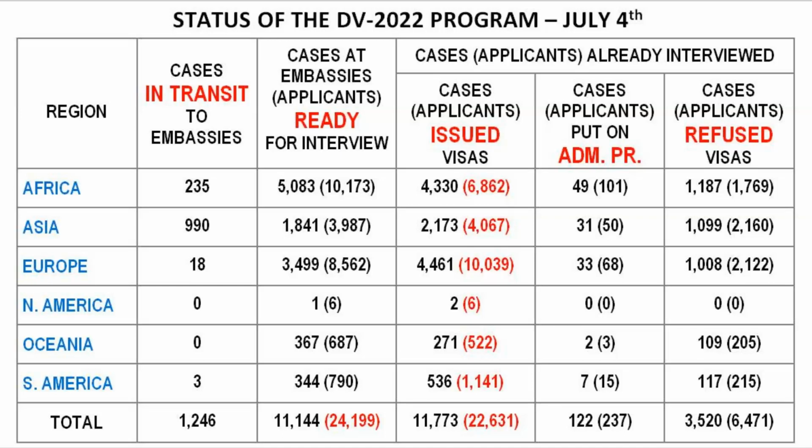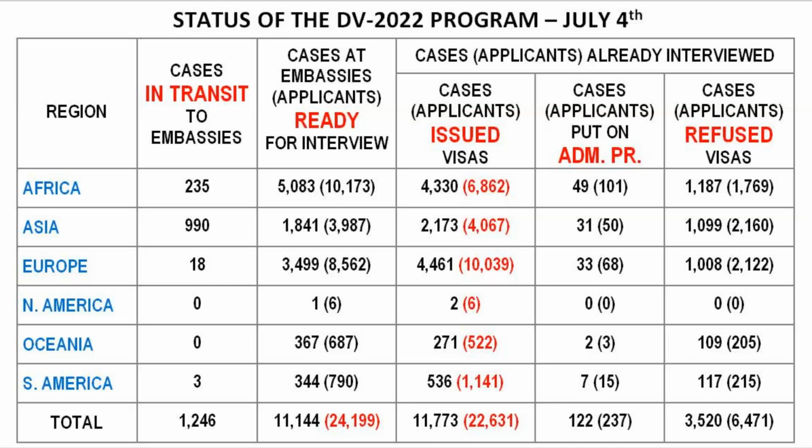Now let's return to our column of interest, that is the column that shows the number of cases or applicants that have been issued visas. At the top of the numbers, we have the Europe region that has a total of 10,039 visas that have been issued in the DV 2022 program, followed by the Africa region, 6,862.